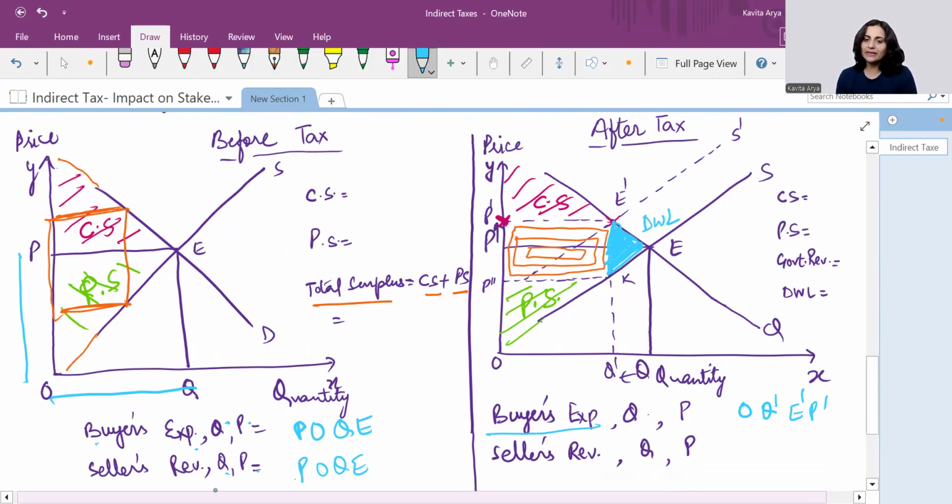One goes to government as the revenue, the orange highlighted box, and the other, that is O, Q dash, K, and P double dash, goes to the seller as its revenue. So point is, this highlighted area, which is untapped, this is the deadweight loss, which happens when the government imposes and intervenes in this free market structure.